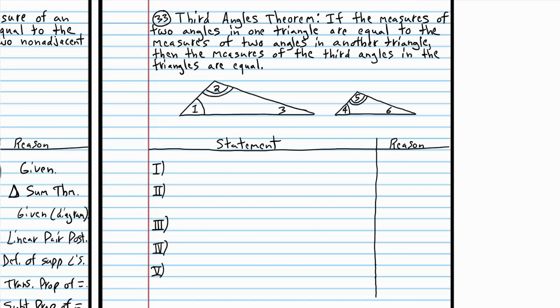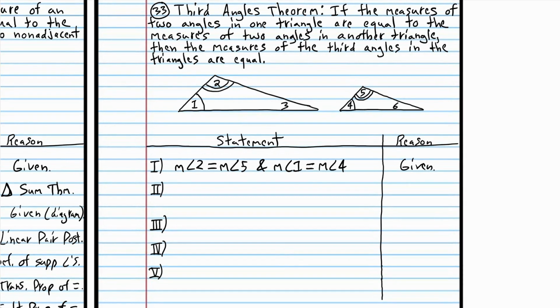All right, we're back. The given information is that the measure of angle 2 is equal to the measure of angle 5, and the measure of angle 1 is equal to the measure of angle 4. That is given. Now, we also know that by the Triangle Sum Theorem, the measure of angle 2 plus the measure of angle 1 plus the measure of angle 3 has to be 180 degrees.